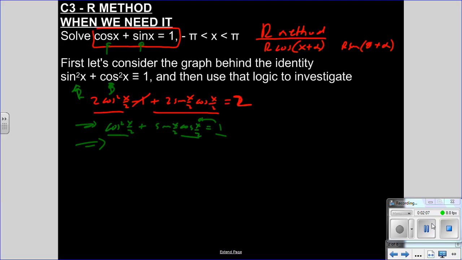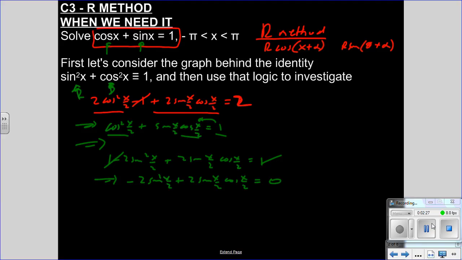So cos x is also 1 − 2 sin²(x/2), plus 2 sin(x/2) cos(x/2). That 1 cancels that 1, that's good. So I've got −2 sin²(x/2) + 2 sin(x/2) cos(x/2) = 0. So you could divide everything by 2, that's gone.